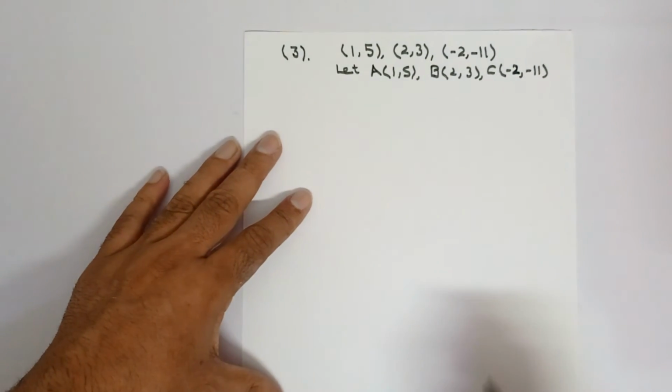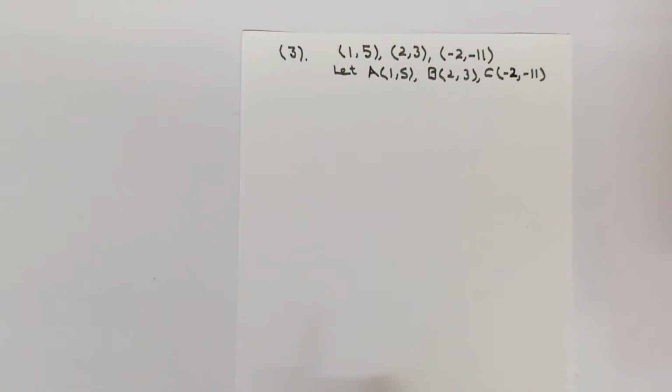Now listen, I repeat again, the sum of the lengths of any two line segments, if it is equal to the length of the third line segment, then we can say that the 3 points are collinear. So we will find AB, then we will find BC, and then we will find CA.